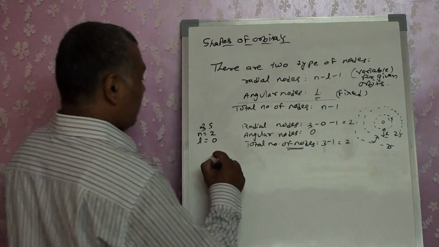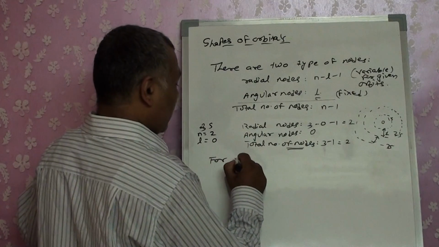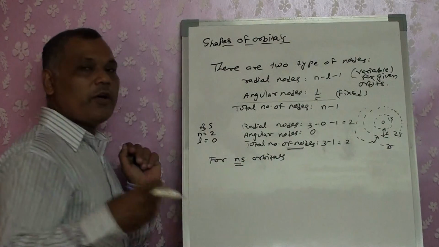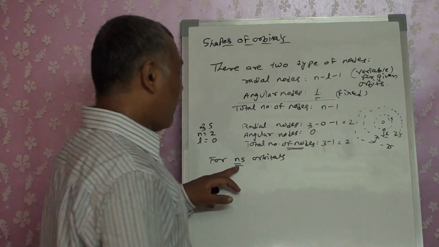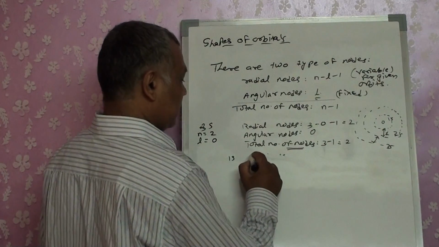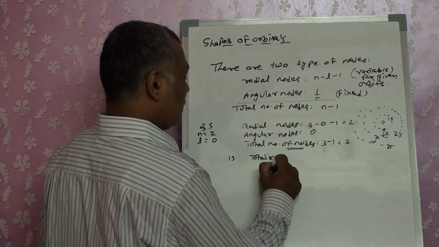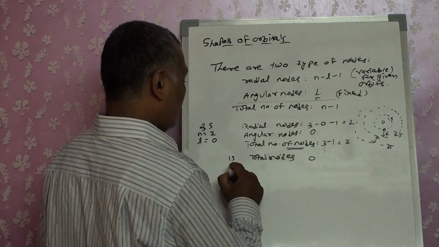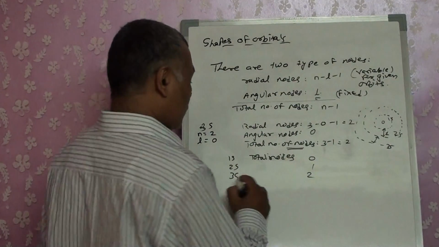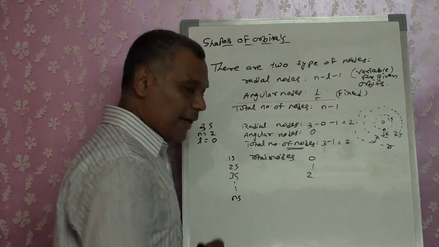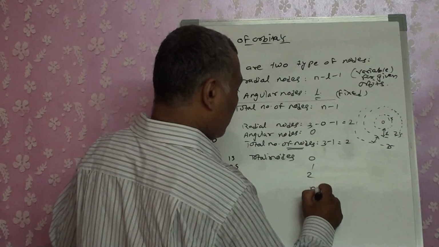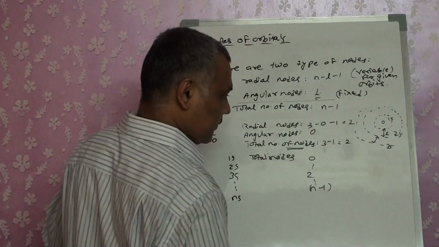So in common for ns orbitals, in place of 1s or 2s or 3s, we wrote total nodes as 0 for 1s, 1 for 2s, 2 for 3s. So if I want to write it for ns, we can write that ns will have n minus 1 nodal planes.